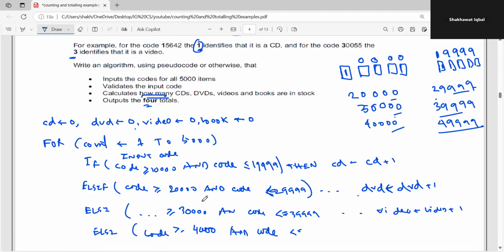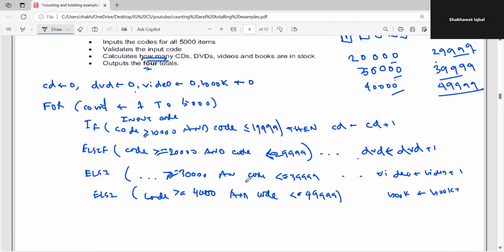Greater than or equals to this way. And code less than or equals to 49,999, then your book will increase by 1. That's it. That's next count.